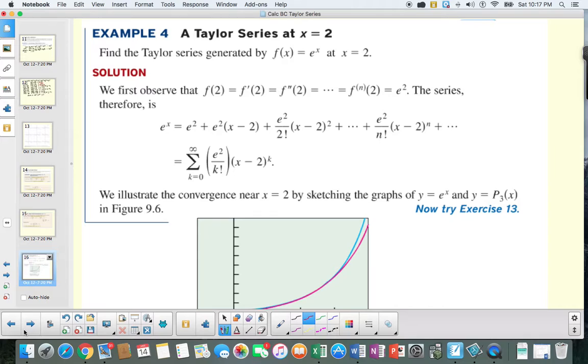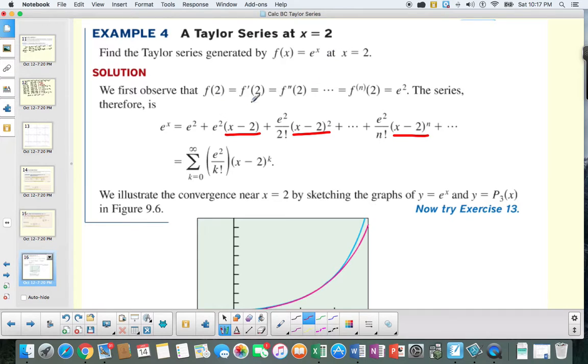Let's take a look at finding a Taylor series at x equal to 2, which means our center is at 2. We're going to have these polynomials here that are a little bit more complicated. Now, we're going to find the derivative of e to the x each time, and each time we take it, it's itself.